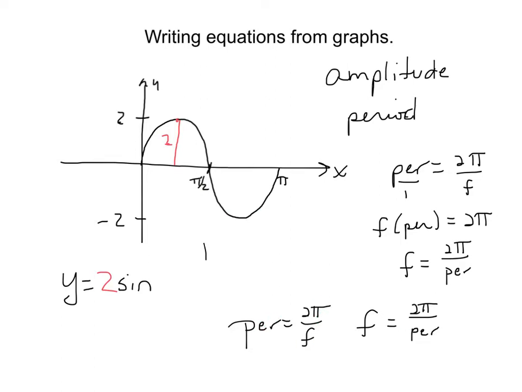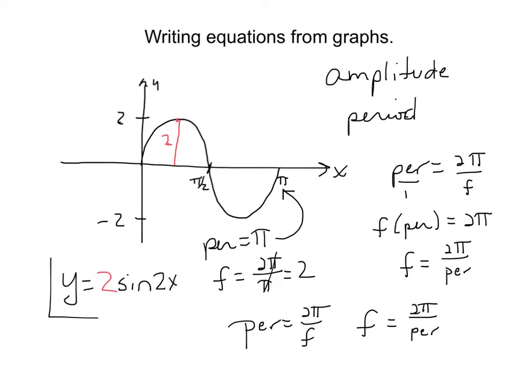So again, the period from this graph is pi, and I read that from where it ends. So that means that the frequency is equal to 2 pi divided by the period, and when I simplify this, the frequency will be 2. I will transfer that over here as a 2x. And this is the function equation for this particular picture.